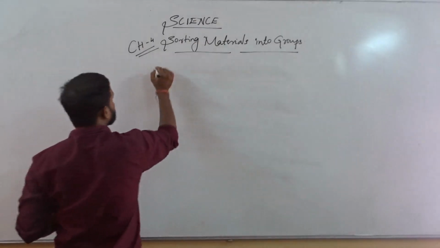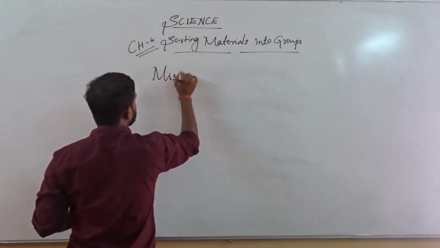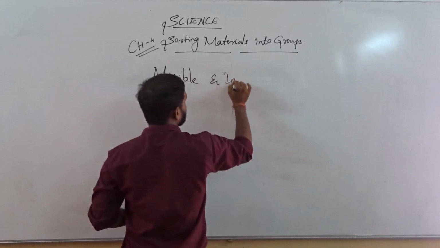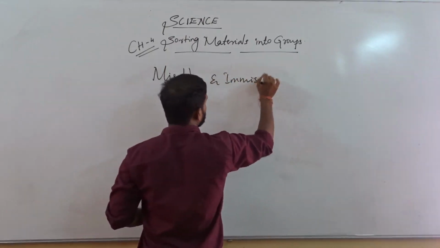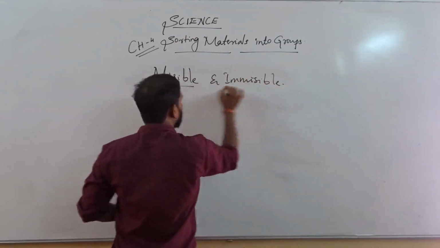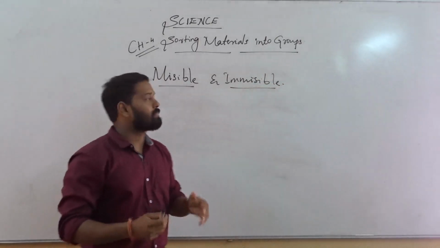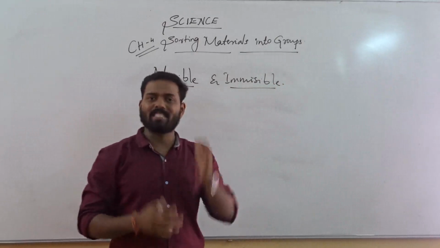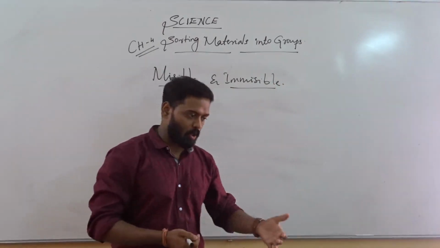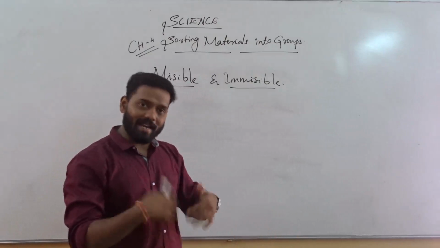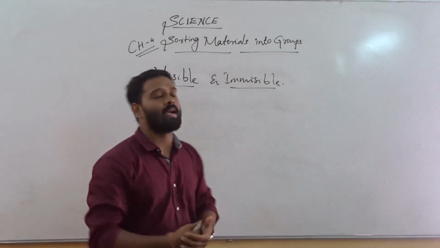So now I am coming to miscible and immiscible. What is this miscible and immiscible? Miscible means, basically, as I told you with soluble and insoluble, it is relevant to that. The next classification will be miscible and immiscible.